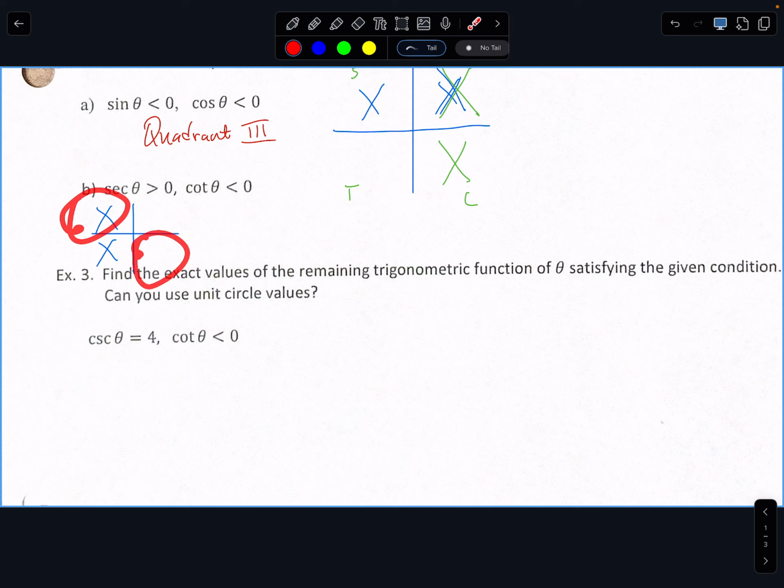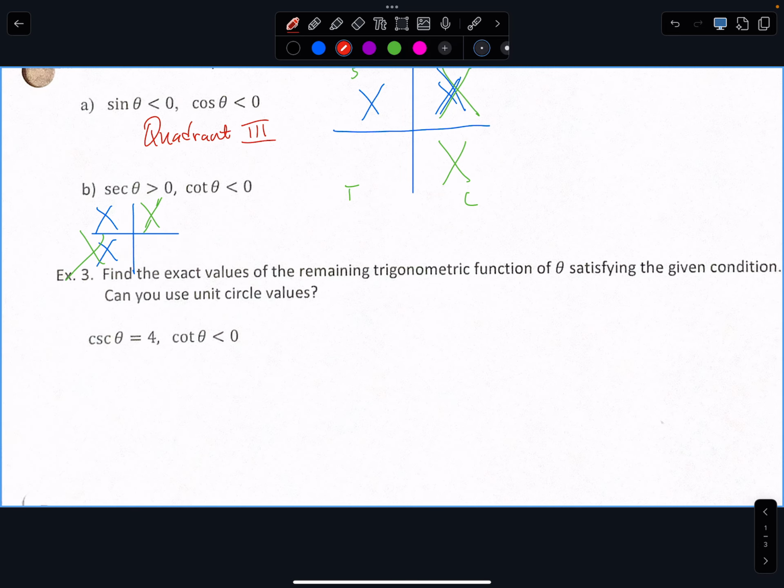And in quadrant 4, cotangent is going to be negative because x is positive, y is negative. You get one positive, one negative in those quadrants. So it's those two. And cotangent is positive in quadrants 1 and 3. So we eliminate 1 and 3 because that's where cotangent is positive, and you're left with quadrant 4.